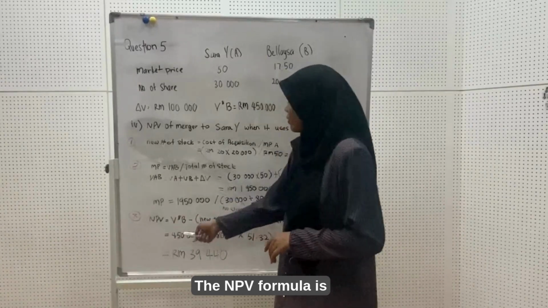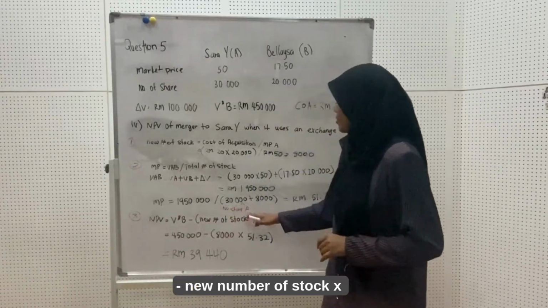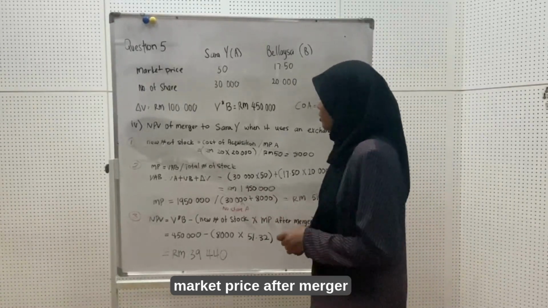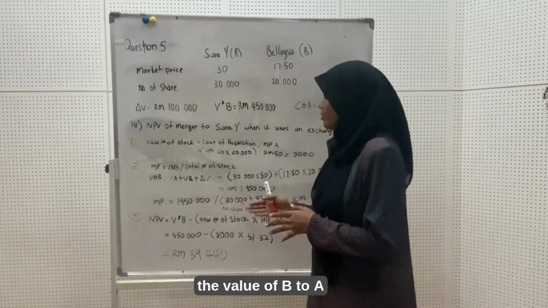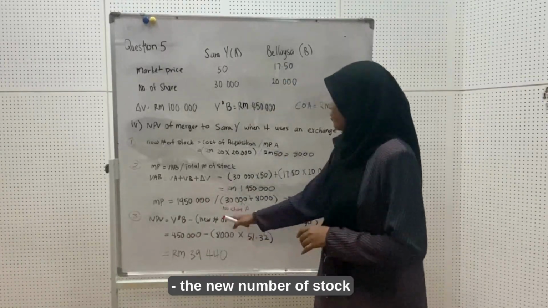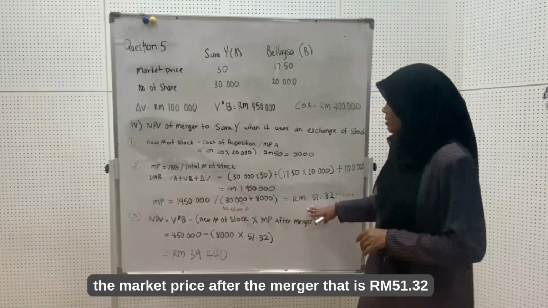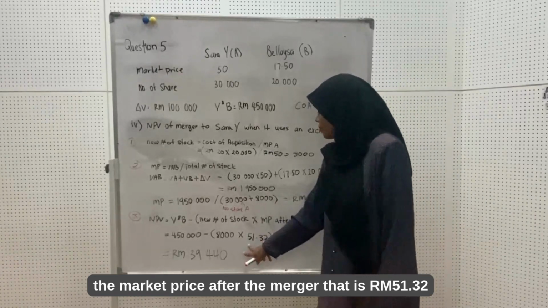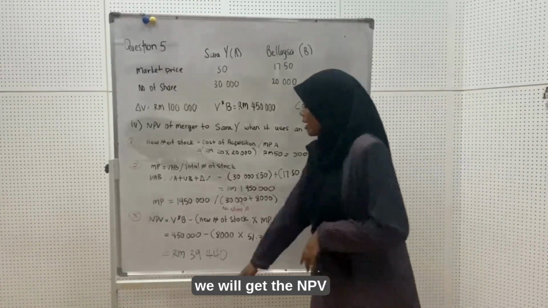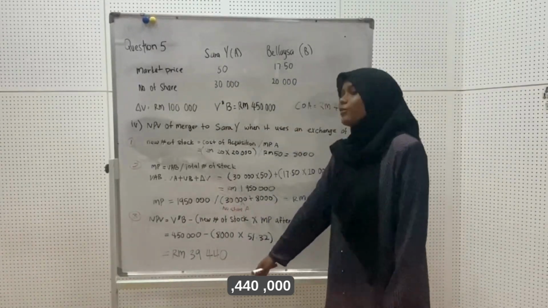The formula for NPV is value B to A minus the new number of stock times the market price after the merger. So the value of B to A, that is 450,000, minus the new number of stock, that is 8,000, times the market price after the merger, that is 51.32 per share, and we will get the NPV of RM39,440.